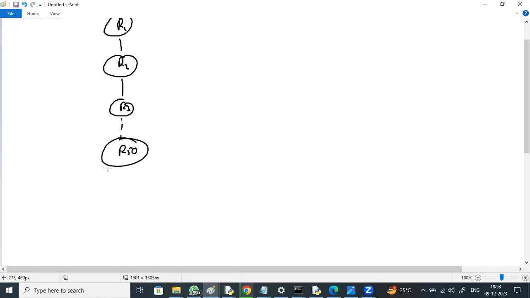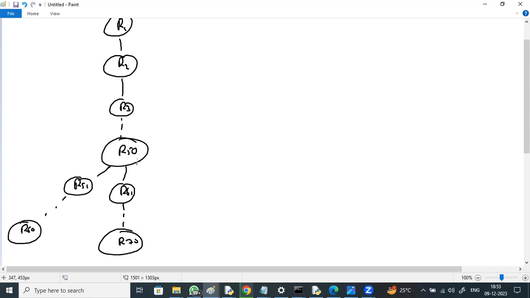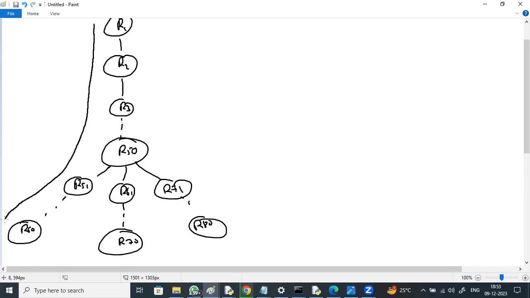The 50th RDD output, this is one flow. R51 up to R60. This is R61 up to R70. This is R71 up to R80. This is your flow 1.